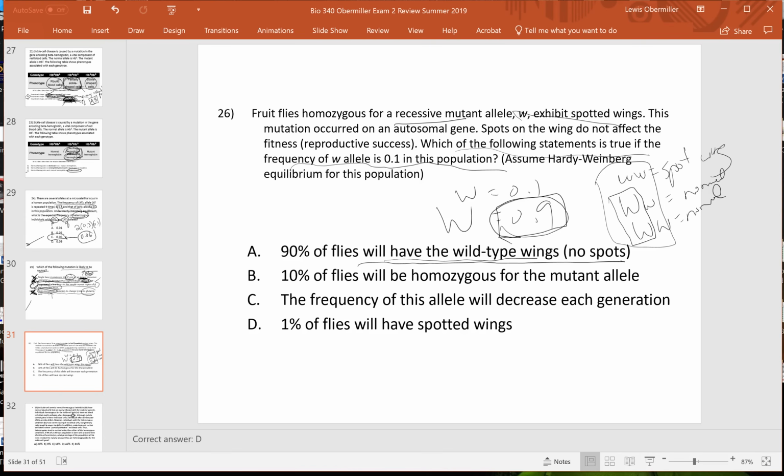If we want to find that out, we have to do Hardy-Weinberg. So we know that little w is 0.1, big W is 0.9. So we can calculate the percent that's going to be big W, little w, because that's 2 times PQ, which is 2 times 0.1 times 0.9.